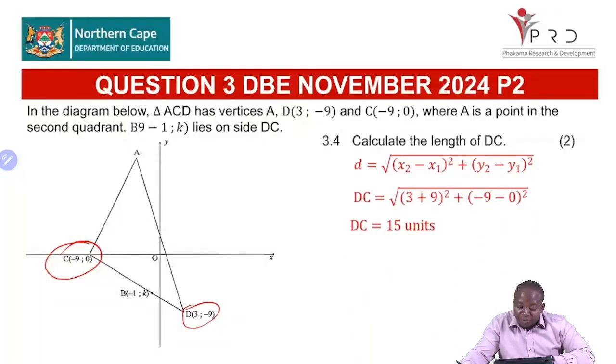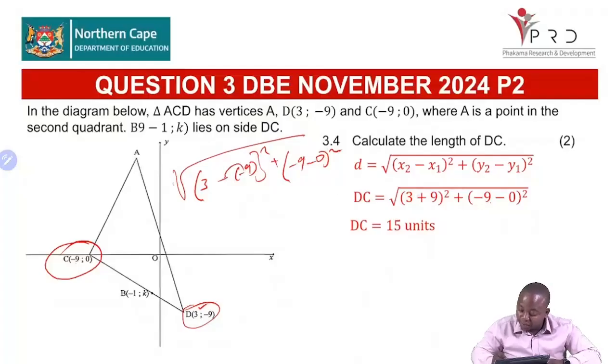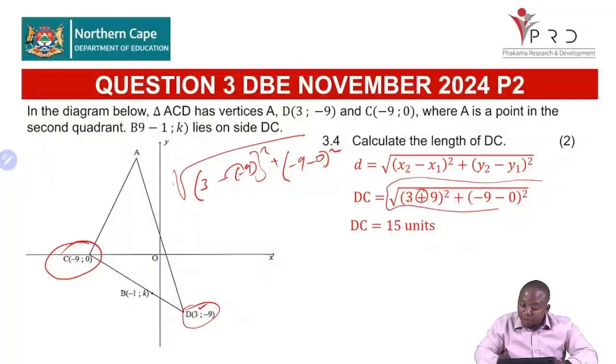Then substitute in the values: x2, which is D, is 3, minus x1, which is negative 9, all squared, plus y2 which is negative 9 minus 0, all squared. Negative and negative multiply to give positive, so it's 3 plus 9 all squared plus negative 9 minus 0 all squared. Punch everything in a calculator and we get DC is 15 units.